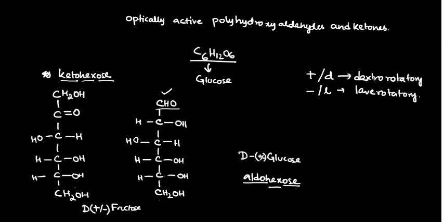Now let us have a look at what is known as D-glucose and D-fructose, right? Now if we draw the structure of D-glucose, D means we are stressing on that capital D. Here we are not considering the small d. Okay, so this is D-glucose. If there is something like capital D, there is another notation also, that is capital L. So if this becomes D-glucose, we are not specifying the rotation here.